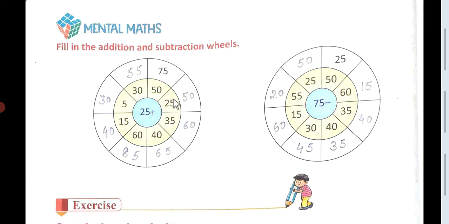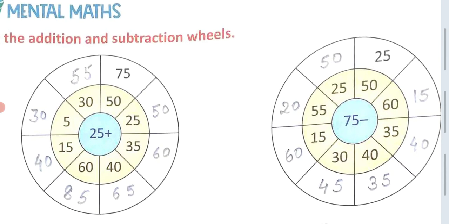Now 25 plus 25 is 50. 25 plus 35 is 60. 25 plus 40 is 65. 25 plus 60 is 85. 25 plus 15 is 40. 25 plus 5 is 30. I hope you can see it clearly.